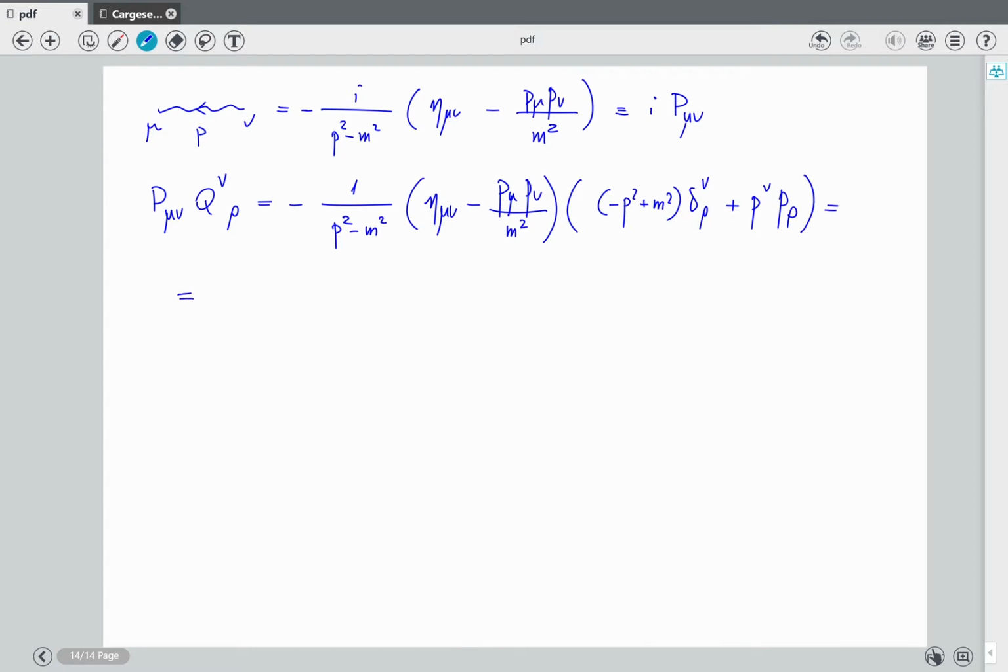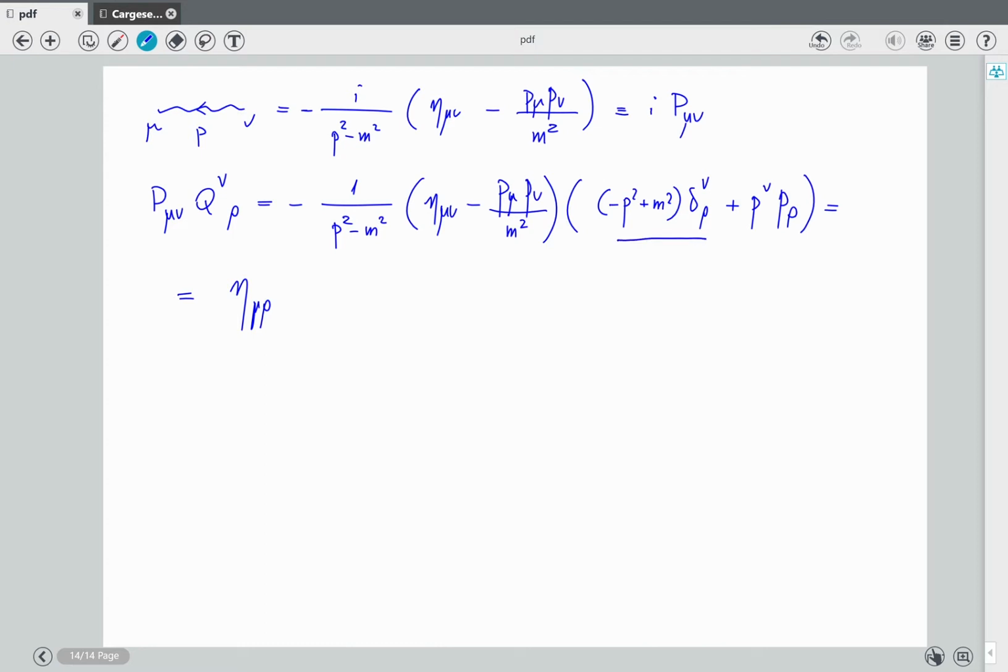Okay, let's check. If we multiply these two, we have an η times minus p² plus m² divided by p² minus m² and multiplied by the minus sign gives 1. So that will be η_{μρ}. Then we can check what we obtain when we multiply.